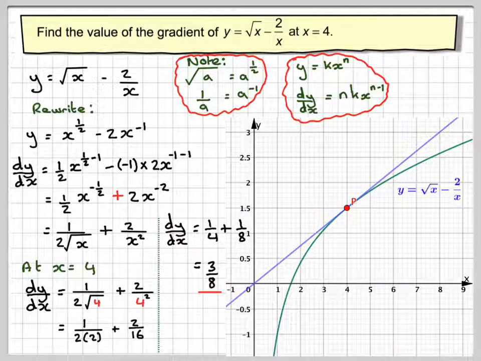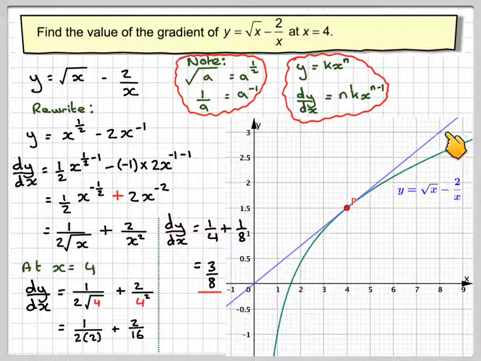If we draw the curve of y equals the square root of x minus 2 over x, you can actually see that this is right, because this here is 1.5 divided by 4, and 1.5 divided by 4 is 3 over 8.